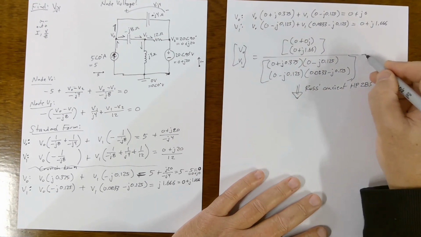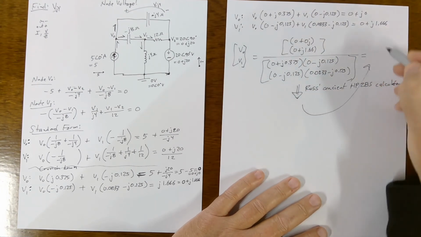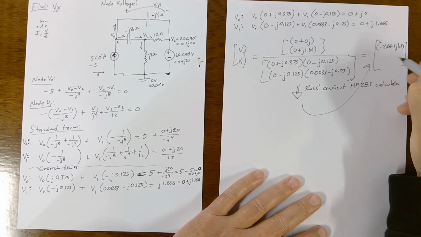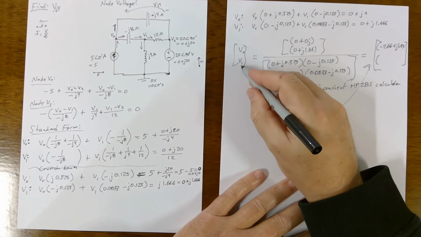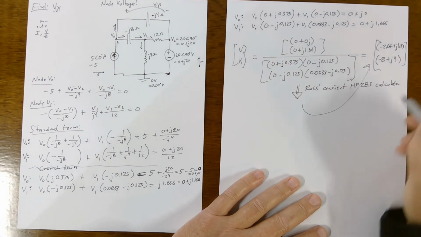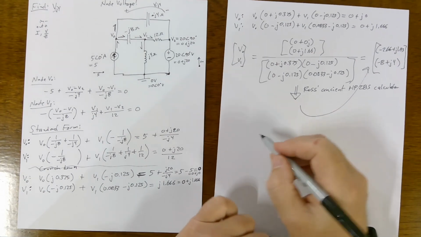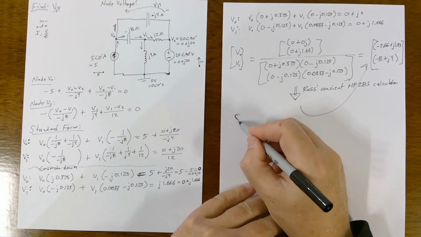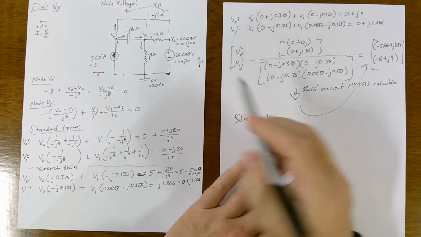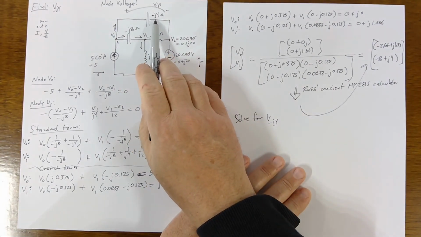The answer is going to be this matrix, which is minus 2.66 plus J 1.33. That's V0. And V1 is minus 8 plus J4. Woohoo! Okay, so now we can solve for V minus 4J, the voltage across this minus 4 guy.